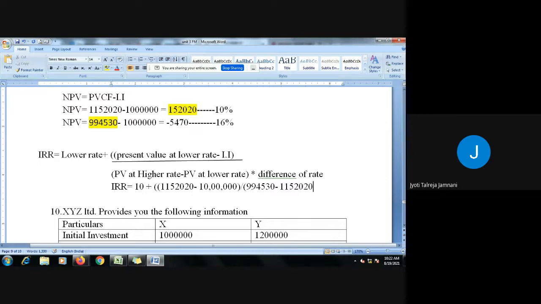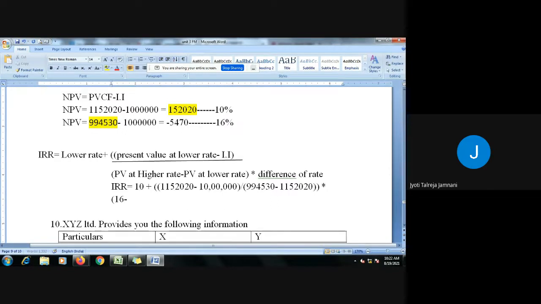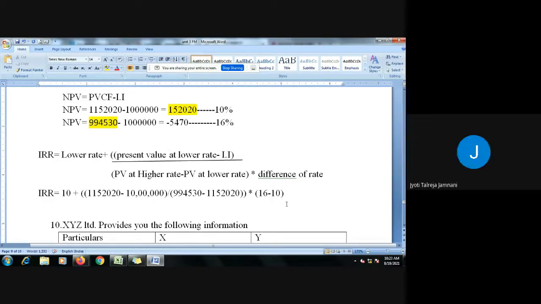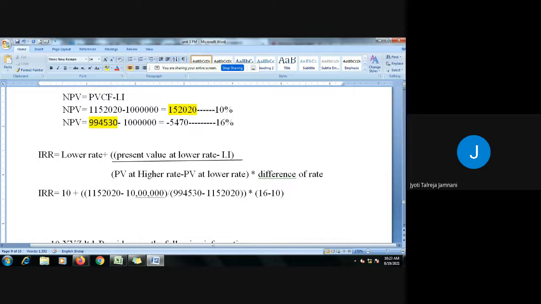So this bracket you need to solve first. Numerator divided by denominator, and then you should multiply it with the difference of rate. Difference of rate means 16 minus 10. So what is the difference? 6. Okay.